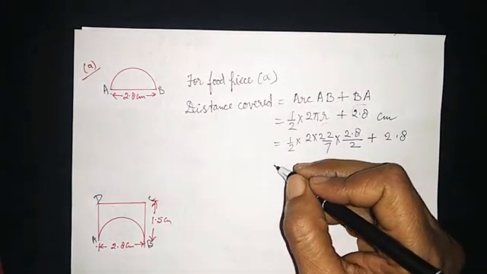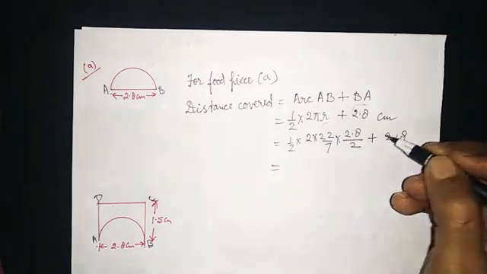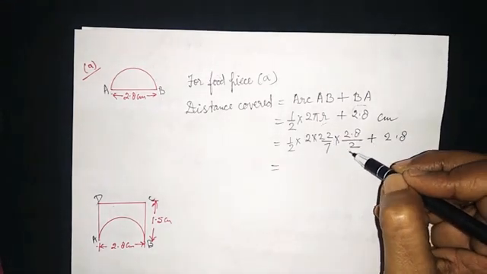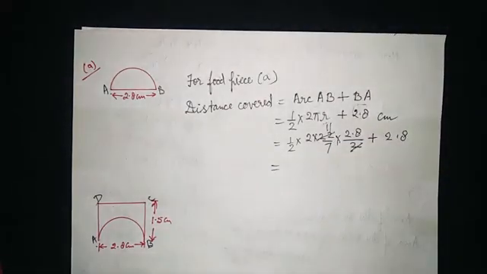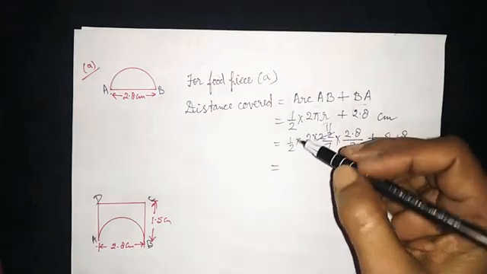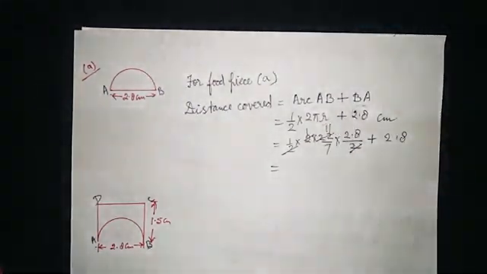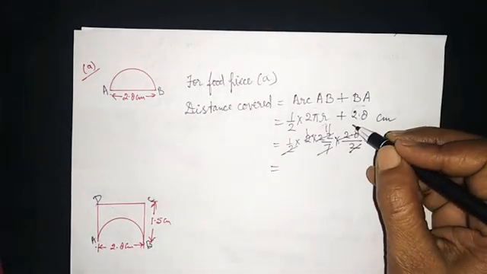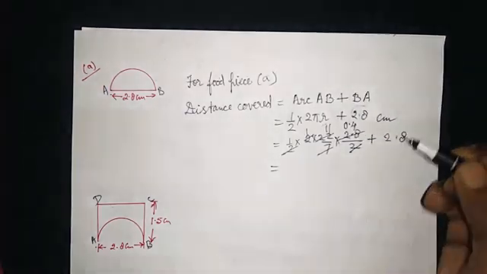Clear? Now we will solve. Here what will come? This 2 and this 2 we will cancel. 11 will come, and this 2 and this 2 we will simplify. 1 will come. Here 7 1 ja 7, 7 4 ja 28, and here 0.4 we will put.